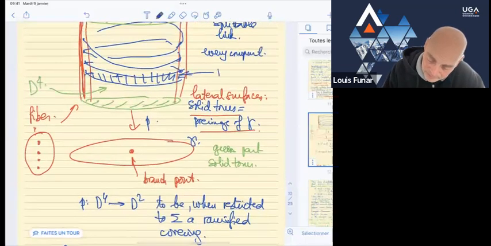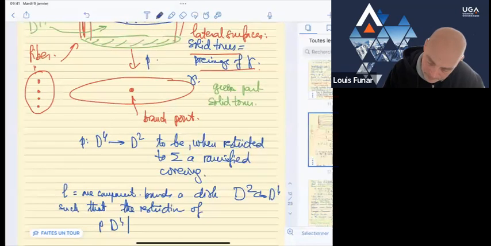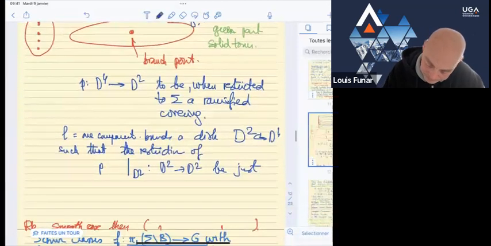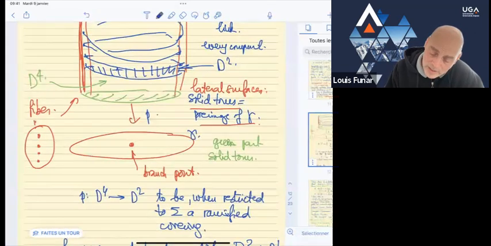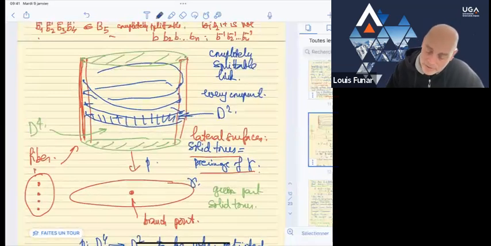but this disk is up here. It is embedded somewhere into D4, such that the restriction of the projection D4, when you restrict the projection to D2, from D2 to D2, be just a ramified covering over D2, ramified at P. So you see that here, the way the boundary of D2 can be embedded into this solid torus is not arbitrary.